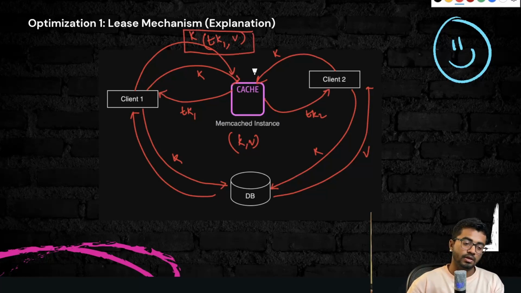But the cache will say that tk1 is not the latest, because the latest one is tk2, since I gave the token to client 2, which came later, and I still have it. So it will reject the operation of tk1. And that is how the lease mechanism helps us solve the stale data or out-of-order sequenced data problem. Pretty interesting, right?